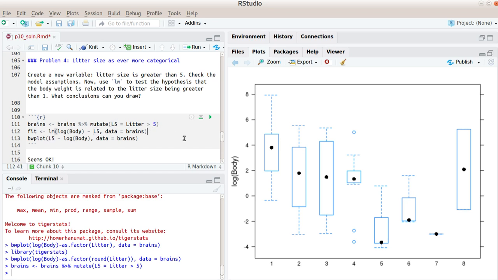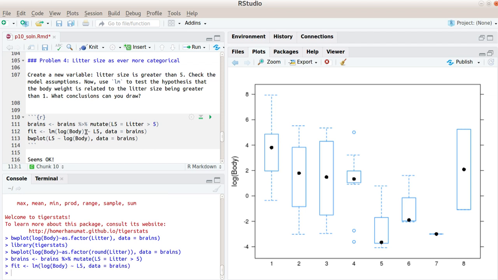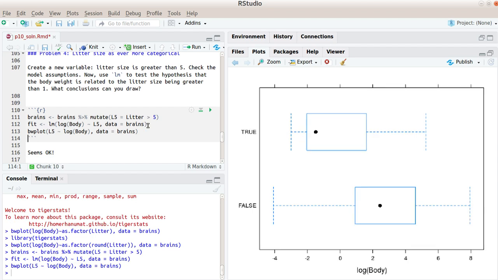So we'll make the fit, and here I happen to have checked and seen that log body works a lot better. If you try to predict log body from these 2 categories, letter greater than 5 and letter smaller or equal to 5, you'll have 2 box plots that look kind of good, right?